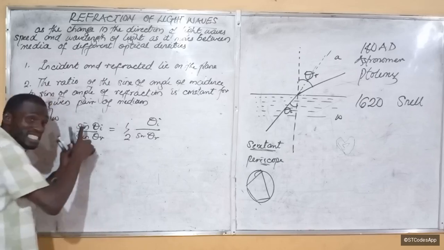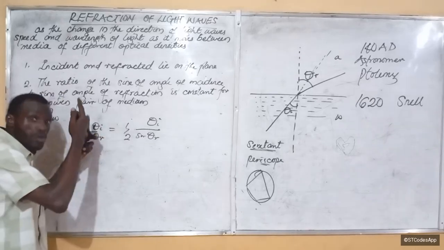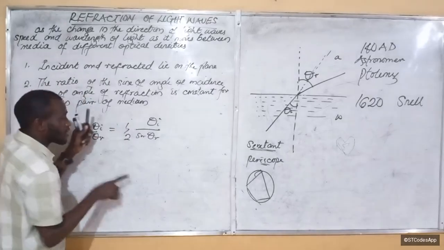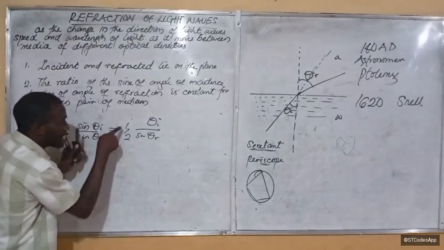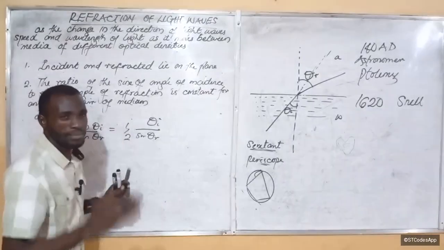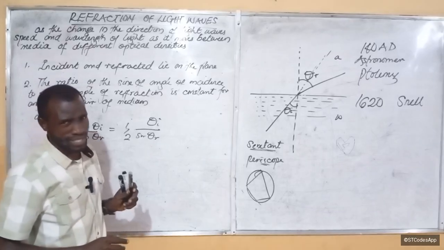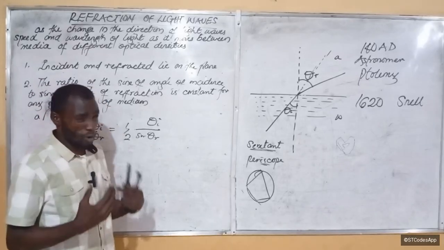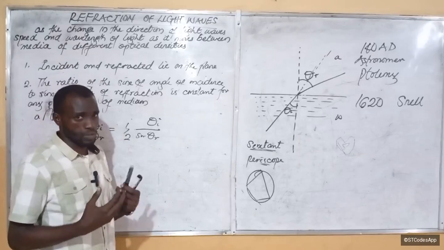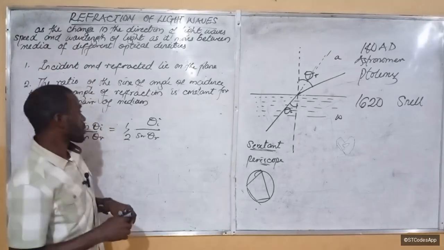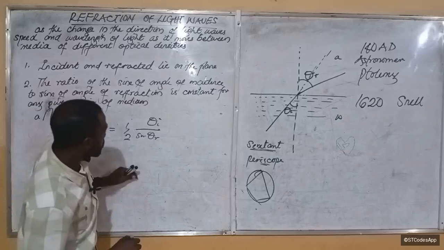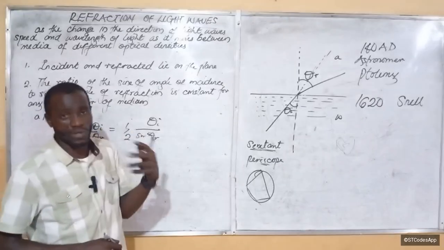If I change the angle of incidence, the angle of refraction will change in such a way as to give rise to that ratio all the time. I don't know if you understand that. This is just for context, for example's sake, okay? I just hope you understand that.